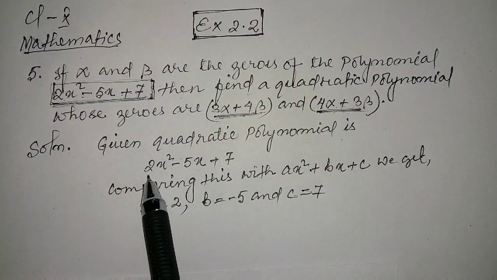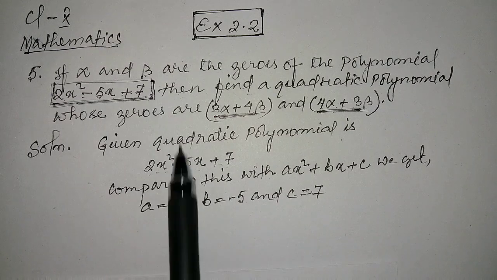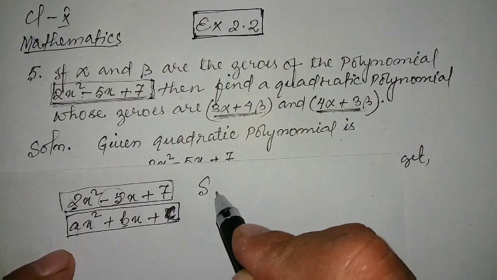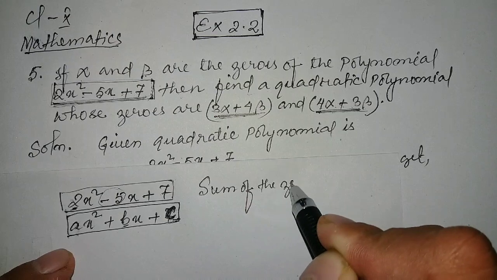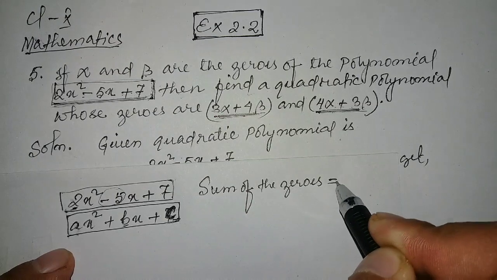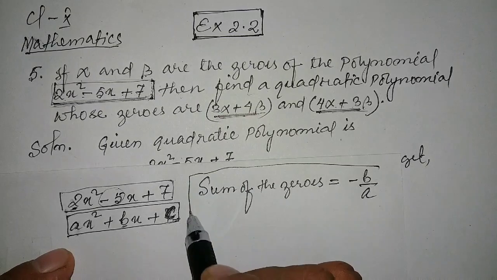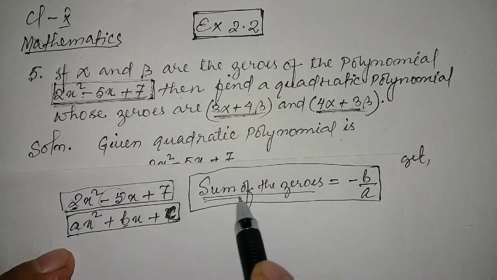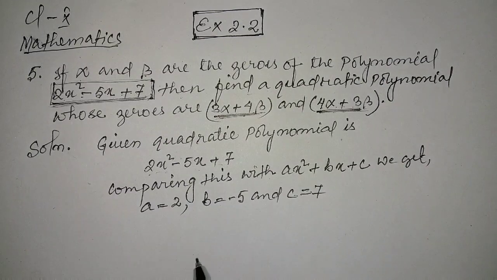The zeros of this quadratic polynomial are given as alpha and beta. So we're going to use the formula: sum of the zeros is equal to minus b by a. Now this sum of the zeros will be alpha plus beta.